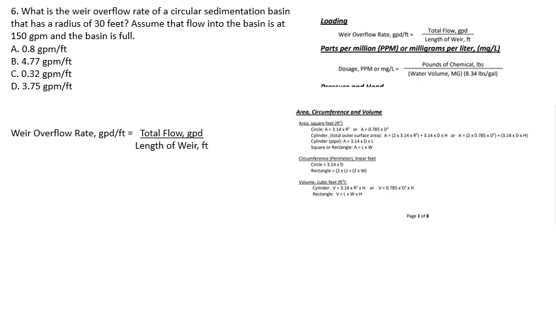The circumference of a circle is 3.14 times diameter.